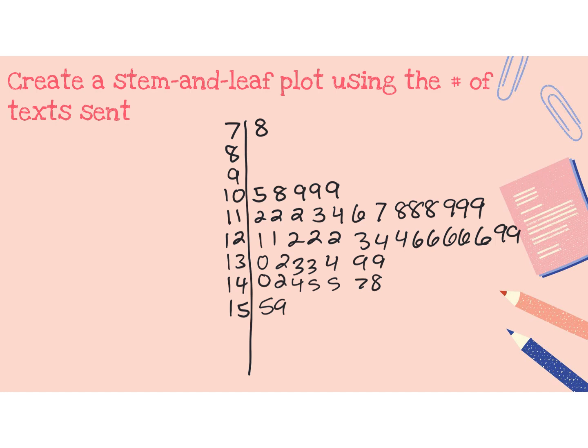So notice that we do put in those zeros there as our leaves, because those are ones places. Even though they're zeros, they still stand in for a ones place. So make sure if you have that 130, that 140, a 70, a 90, a 50, make sure you put that zero in as your leaf. So take a look here, make sure that all of it matches. That's how we broke down our data.